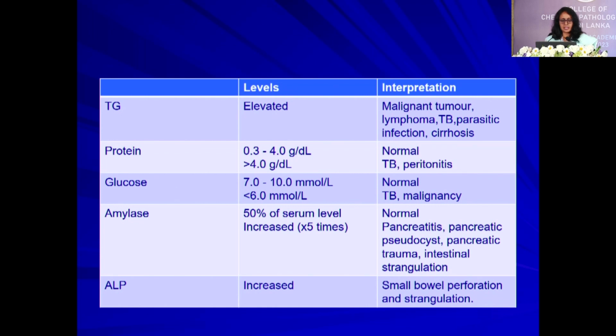If the amylase level is 50% of the serum level, that is normal. If it is increased up to 5 times or more, that indicates pancreatitis, pancreatic pseudocyst, pancreatic trauma or intestinal strangulation. If the ALP level is increased, it is suggestive of small bowel perforation and strangulation.